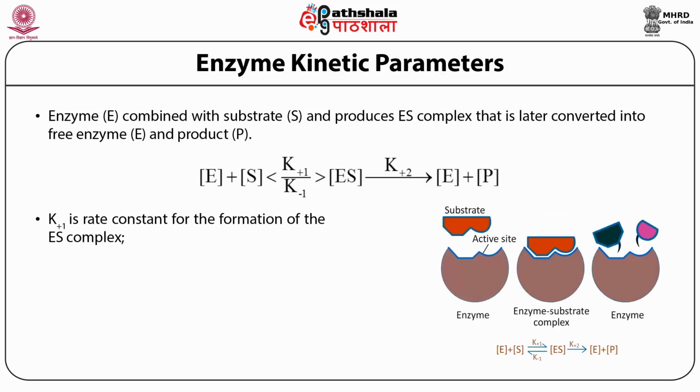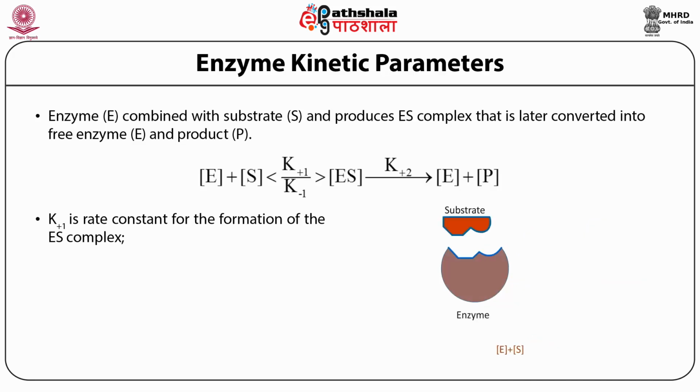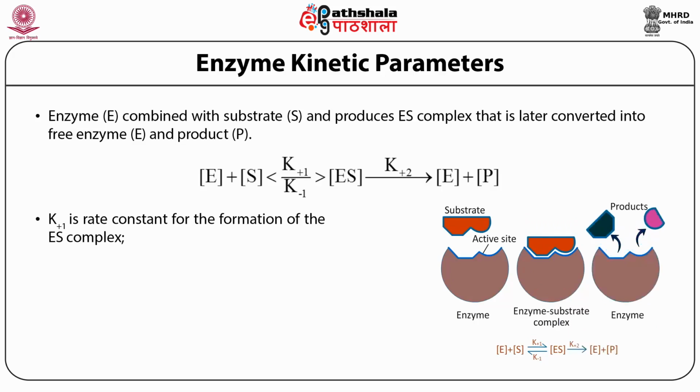Then the ES complex is converted into the product with the rate constant K plus 2. We have another rate constant, K minus 1, that is responsible for breaking the ES complex not into product but into substrate plus free enzyme.